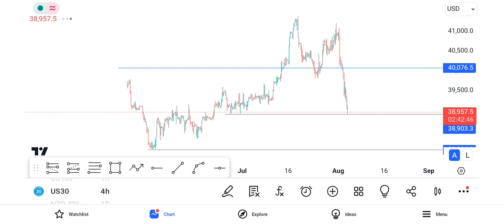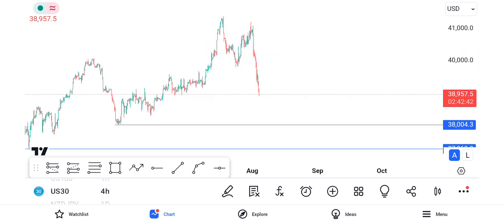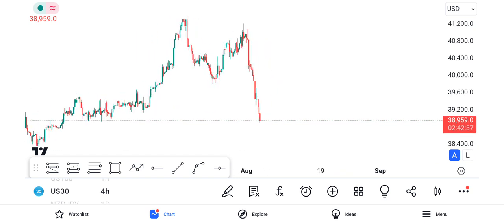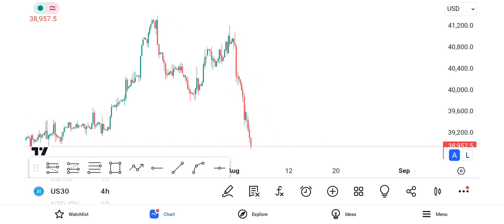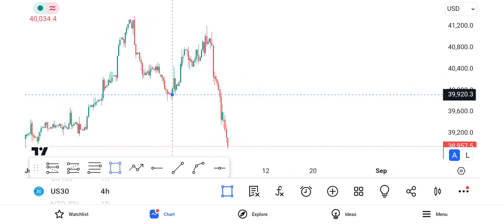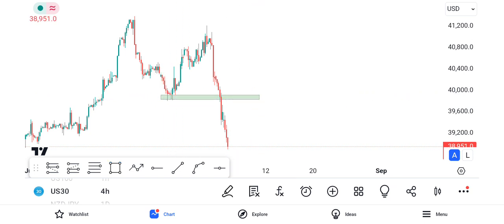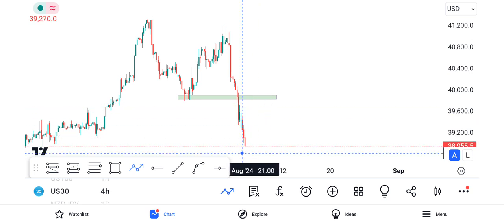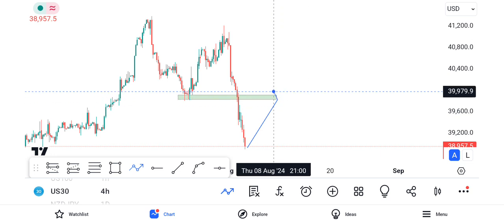Wow, still with all these lines. Just looking for this. I don't know when the pullback is going to start, but definitely it's starting from somewhere.